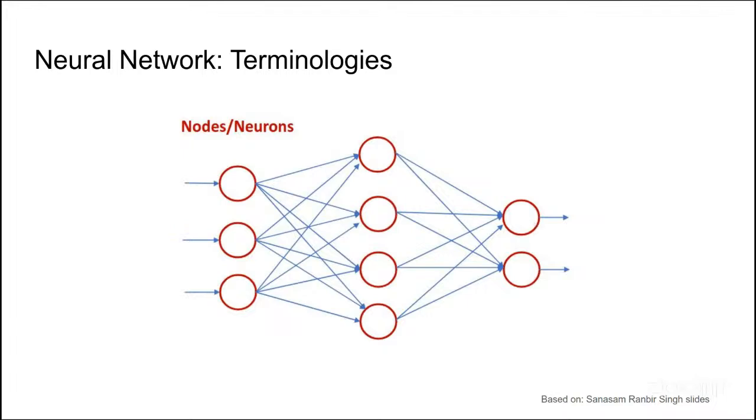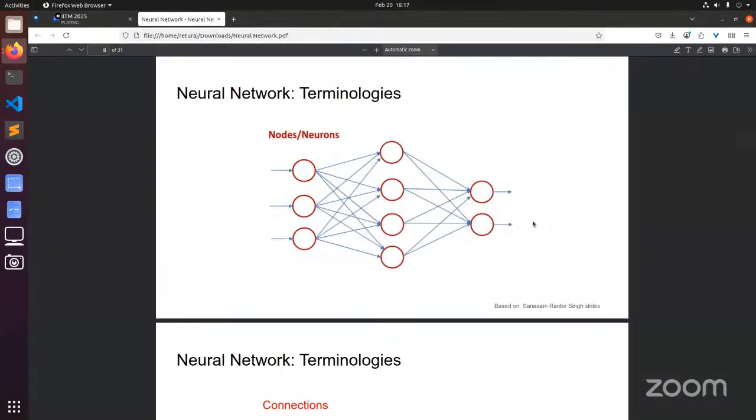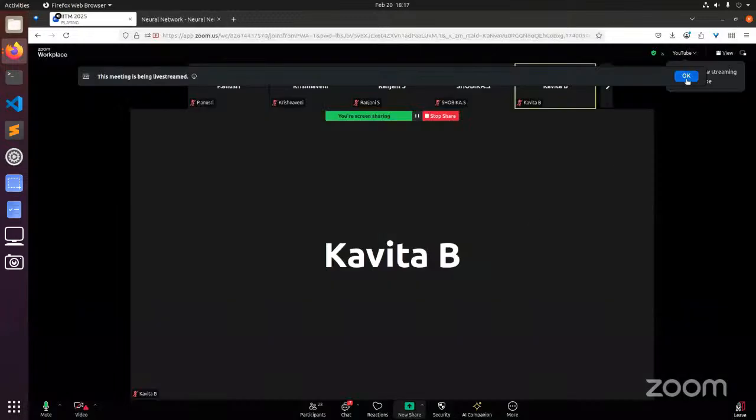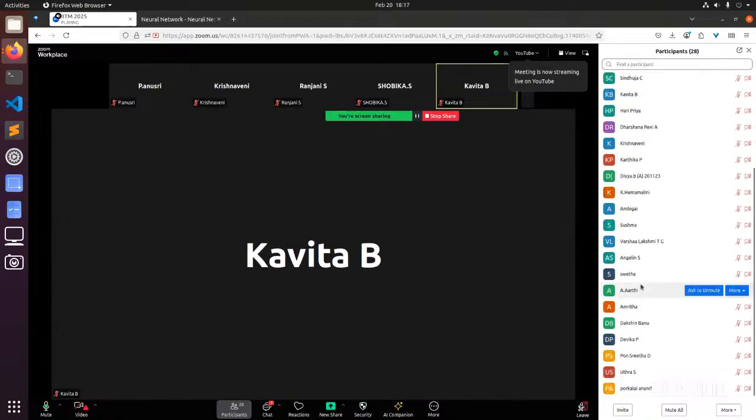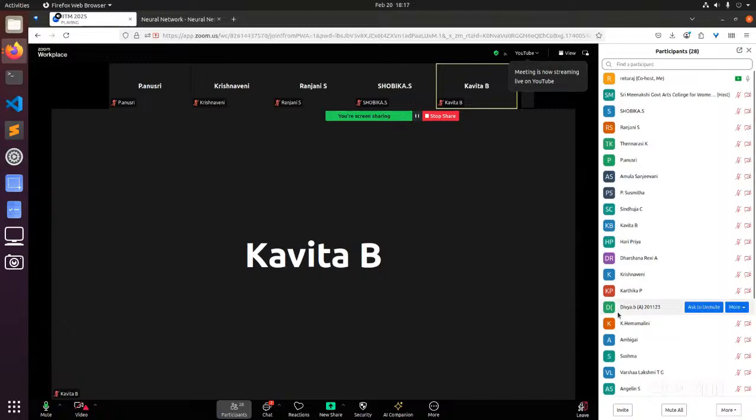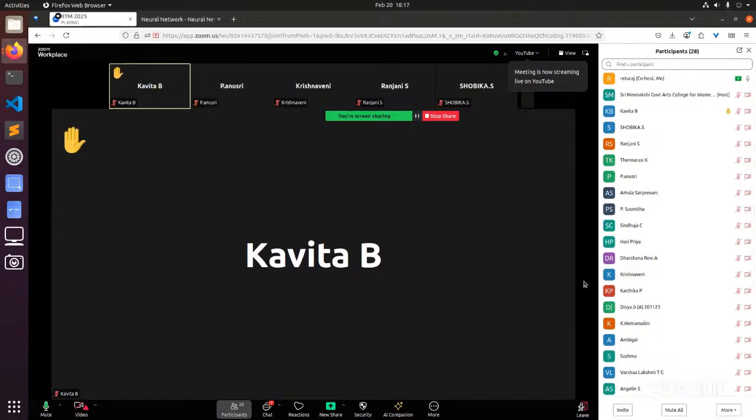Just for the sake of understanding the background, how many of you are already aware of neural networks, or have done some course or have some idea about neural networks? Just raise your hand so that I can see. Depending on that, I can increase or decrease the pace. How many of you are already aware of neural networks and how they work?